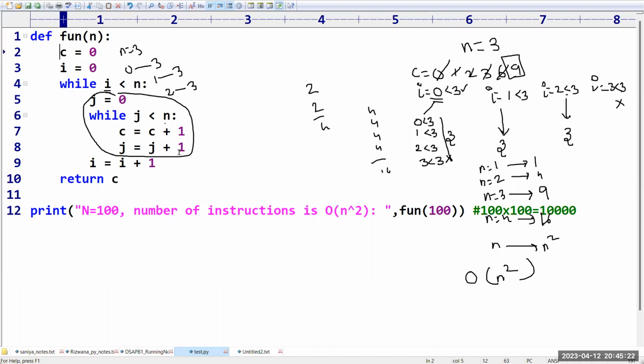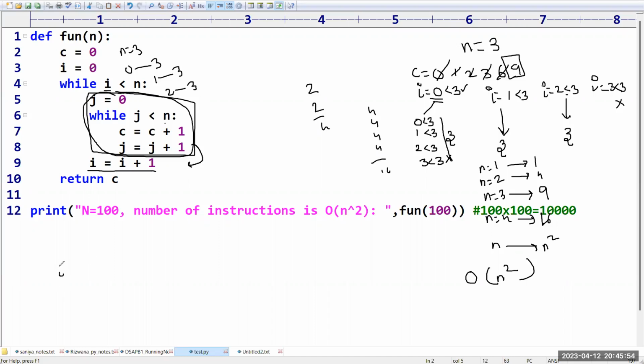For i equal to 0, the nested loop will run again 3 times because the j value depends on the value of n, right? Yes, sir. Then after that it will come to line number 9 where i will become 1. Whatever I have taken in this box is related to the inner while loop. Once this while loop condition fails, only then will this line continue.